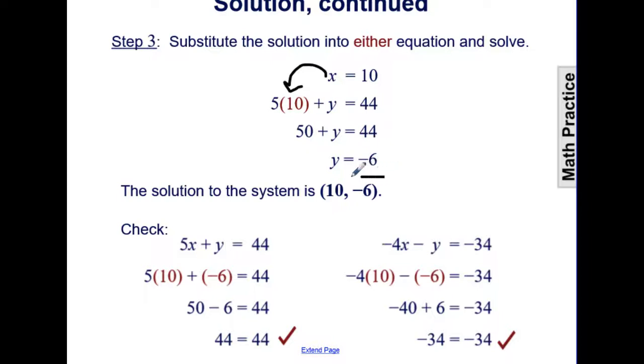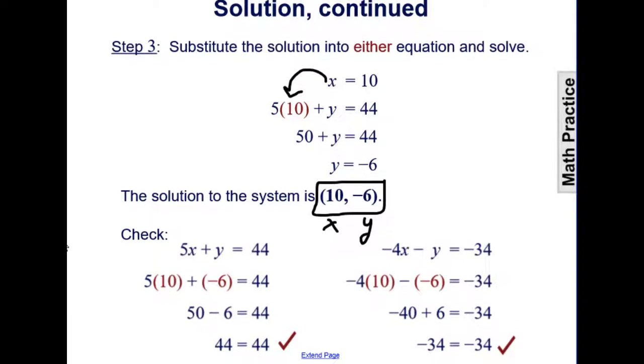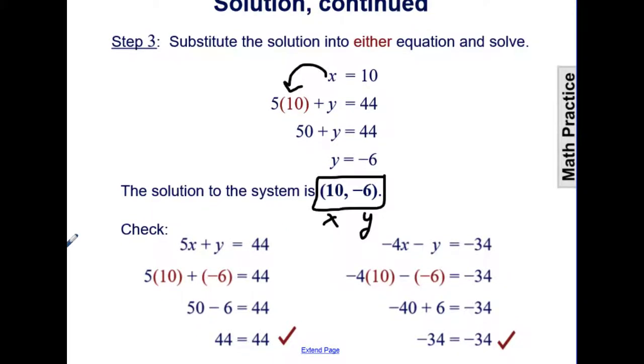So the solution is 10, negative 6. Plugging in x equals 10 and y equals negative 6 into both equations checks out as well. So elimination brought us to our solution. It's another way, especially because we had opposite coefficients, we could just add the equations.